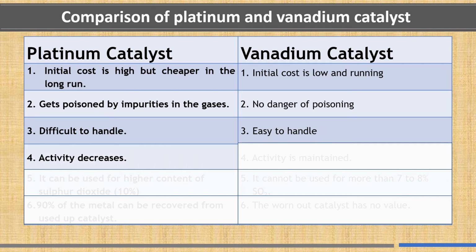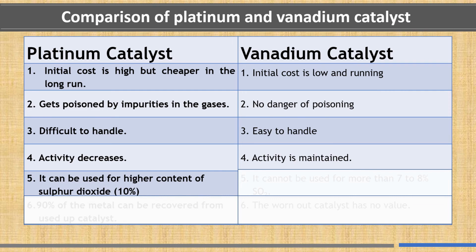The activity of platinum catalyst decreases. Activity of vanadium catalyst is maintained. Platinum catalyst can be used for higher content of sulfur dioxide, that is 10%.